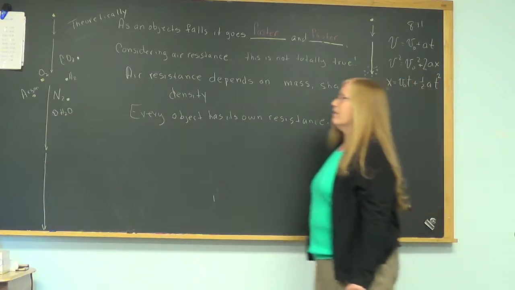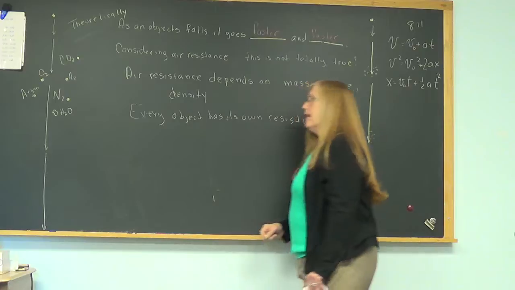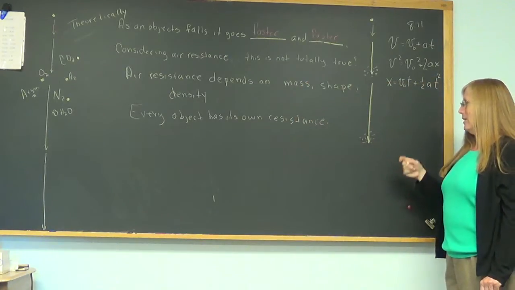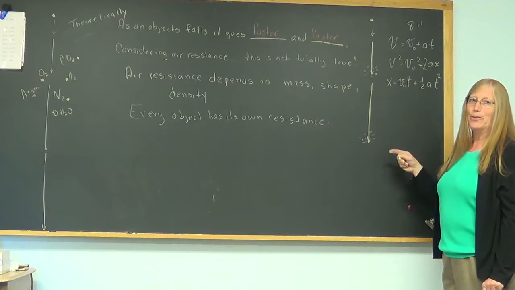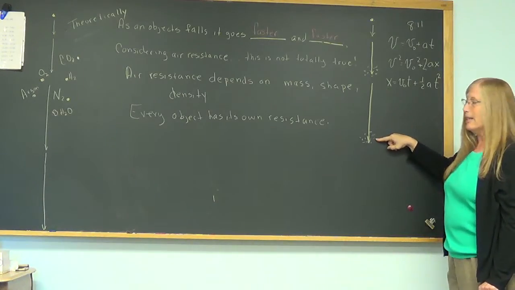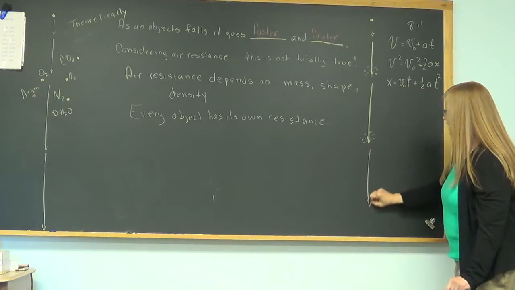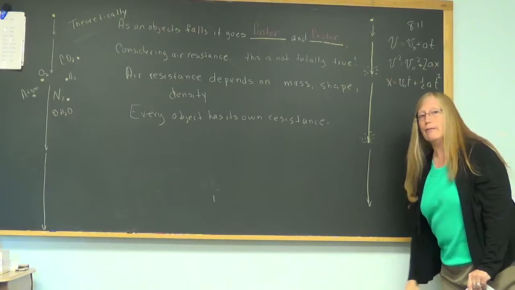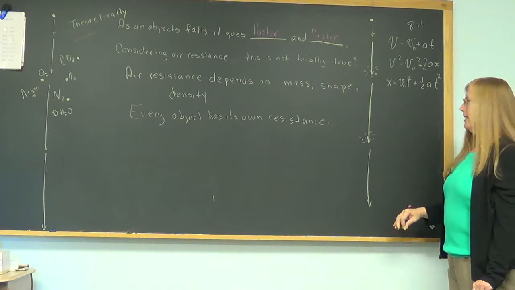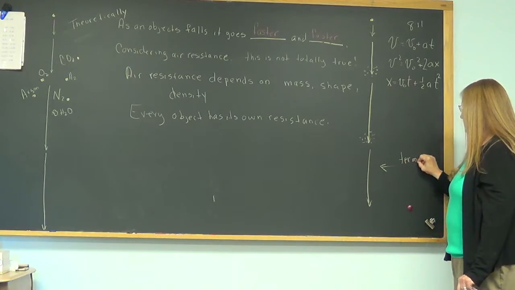So I kind of told you it would accelerate continually, but it will not if it is falling in the middle of air molecules, where it's hard for us to find a spot on Earth where that doesn't happen. So guess what? It stops accelerating. So this velocity vector repeats itself forever to the surface of the Earth. It no longer increases in velocity. And that is called terminal velocity.